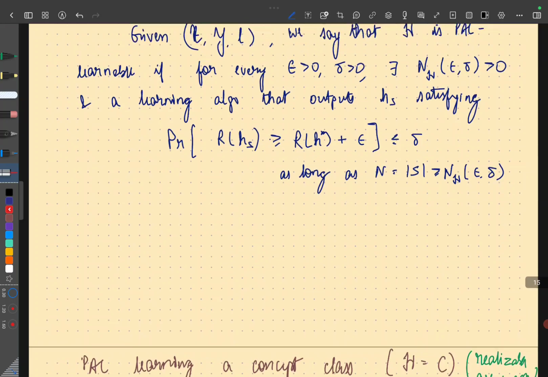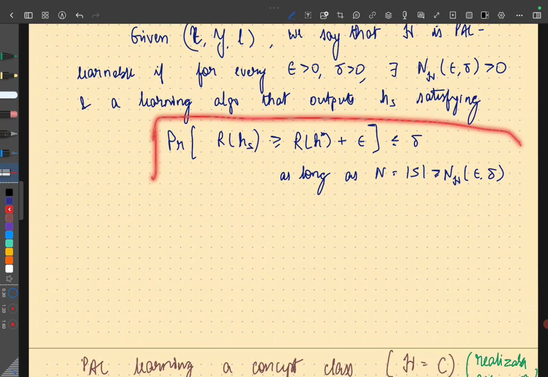In the general case, you're never targeting 100% accuracy. You always allow some positive epsilon and positive delta, but you should be able to make these two arbitrarily small as you increase the number of samples. Is it always the case that from classification we get 0 error?